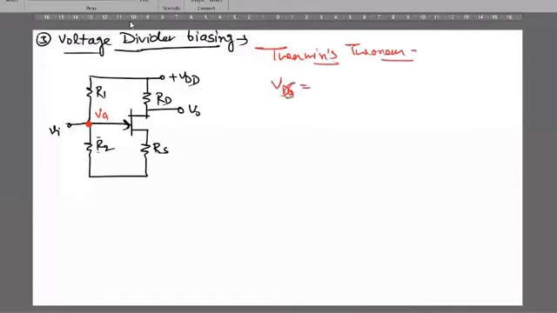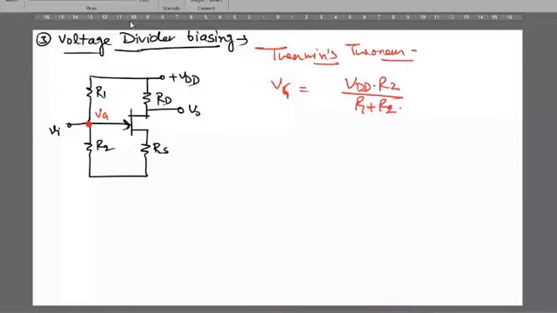This Vg. Okay. So Vg equals VDD into R2 divided by R1 plus R2. Is there any problem? Tell me if there is any problem. No, sir. Yes, this is very easy.